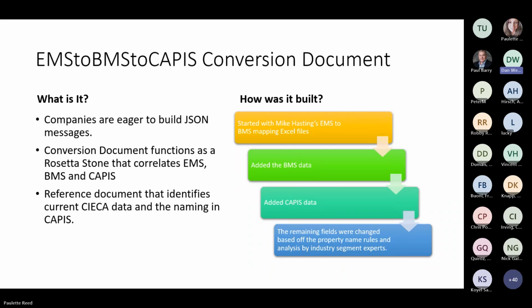And this is a more analytical exercise, as we've gotten a feel for in working through this for about the last month in the CIECA Architecture Committee. That effort continues, but it's really addressing a question that was pretty foundational to CAPAS, which we call the Chris Polis problem: how do I convert a BMS message that we've been using for some time into a JSON and OpenAPI spec.